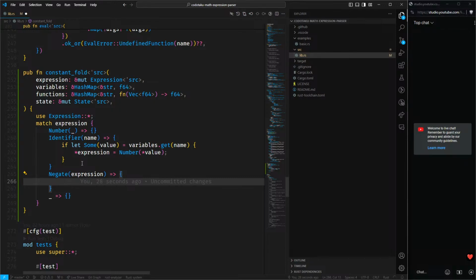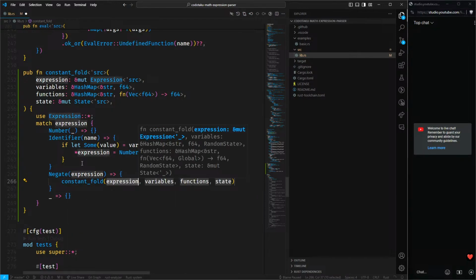So the first thing, before we can ConstantFold this expression, we have to make sure to recursively ConstantFold that expression itself, if that makes any sense. So before doing anything, I'm gonna make sure that the expression I'm looking into right now is already ConstantFolded first. Of course, it's gonna recursively do that until it finds a number, or basically cannot ConstantFold anymore.